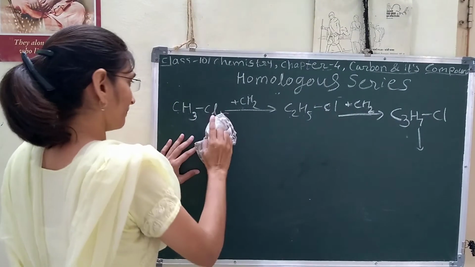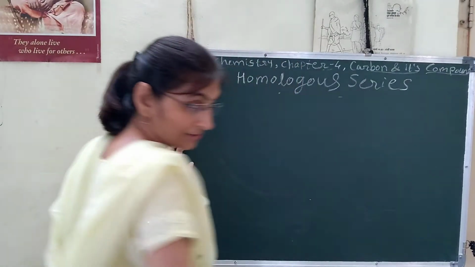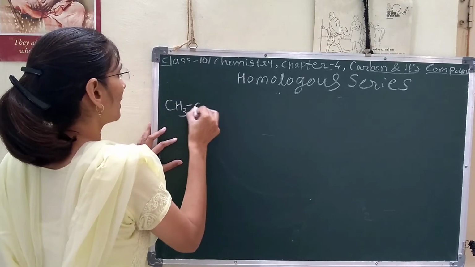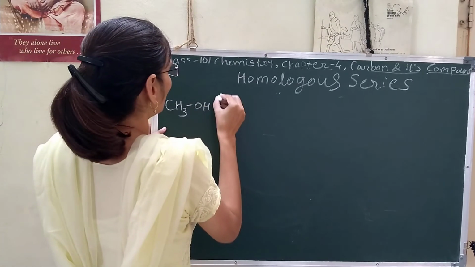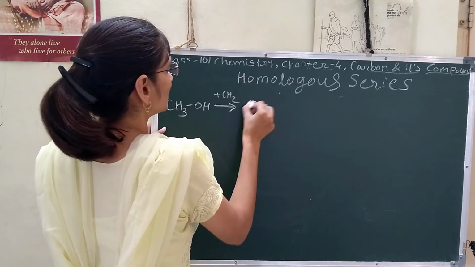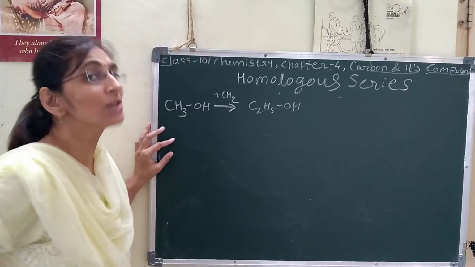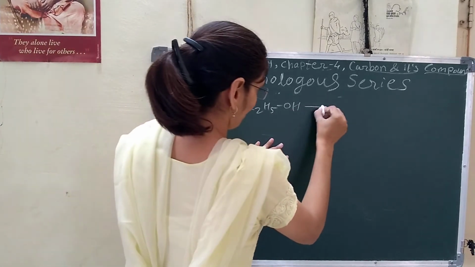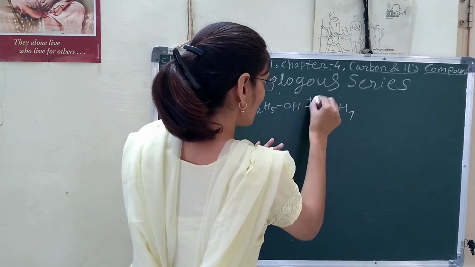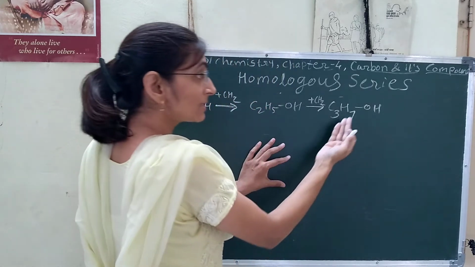And the same for alcohol. CH3OH. If we add CH2, then C2H5OH. This is the homologous series of alcohol. Then C3H7, as I added CH2, OH.